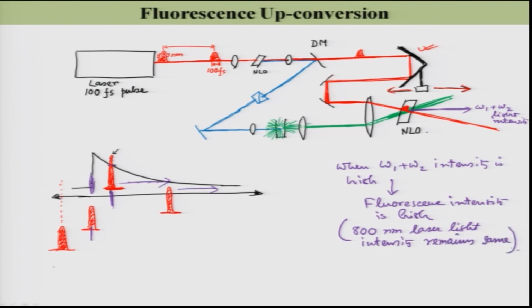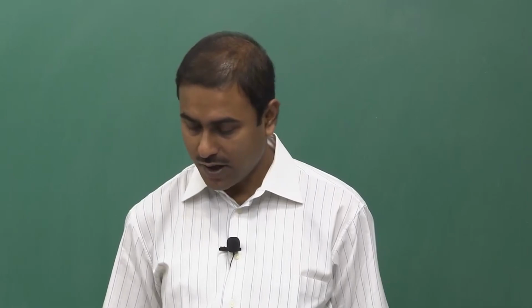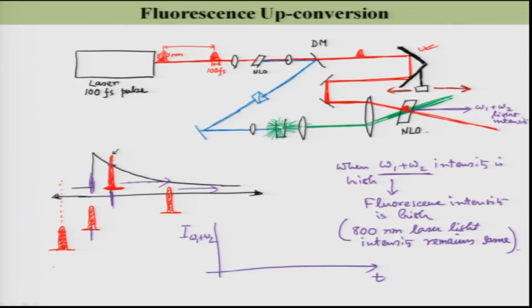Okay. So, I can plot the intensity of omega 1 plus omega 2 light as a function of the displacement here, and you remember I said that light travels 0.3 micron in 1 femtosecond. So, if I plot displacement, you can readily convert that displacement to time. So, displacement is time for me in this case. When the 800 nanometer light is at this position, I will get a 0 intensity over here.